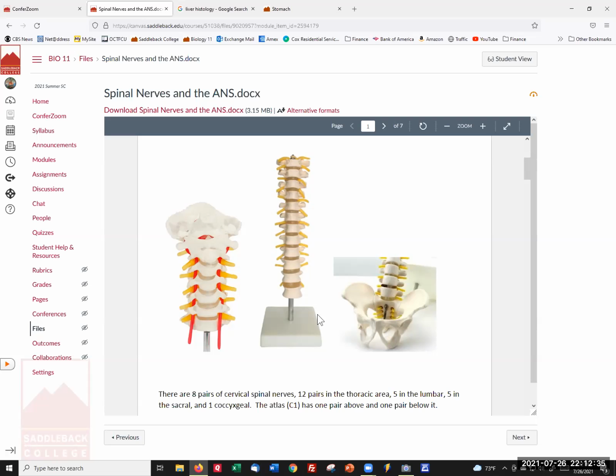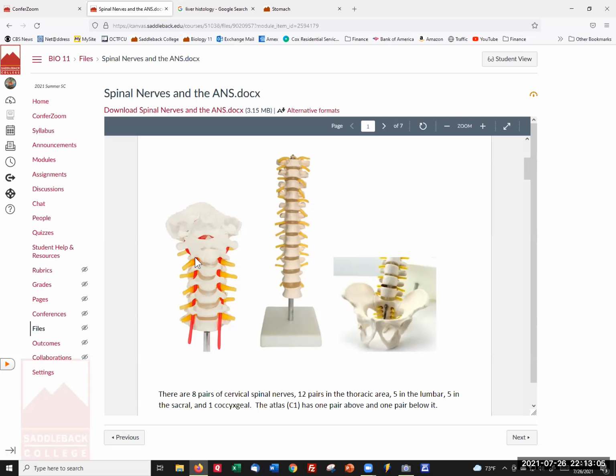These yellow things that are sticking out in all of these cases are the spinal nerves. They're small. They're the go-between between the peripheral nervous system and the central nervous system, but they have to be one or the other themselves, and they are all peripheral. The spinal nerves are all mixed.